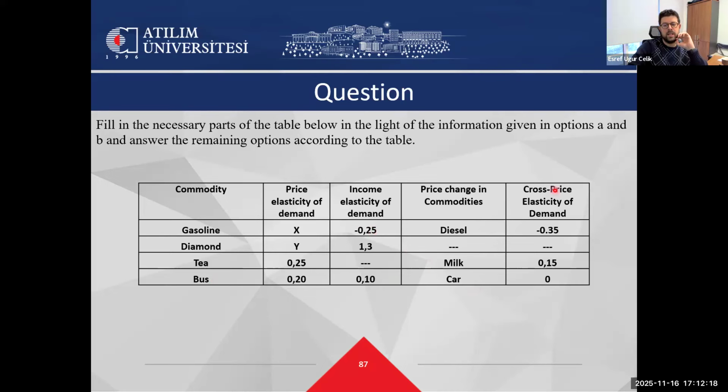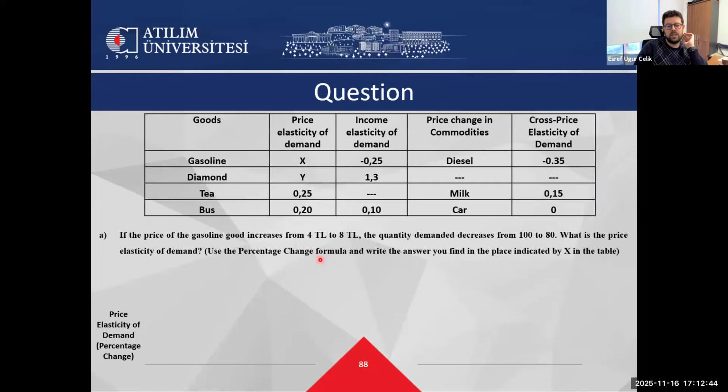Income elasticity, and the last one is cross price elasticity of demand. I said 3 formulas, so 3 columns. You are able to interpret before starting the question, but the interpretation for X and Y is impossible, because for that question you can calculate it.